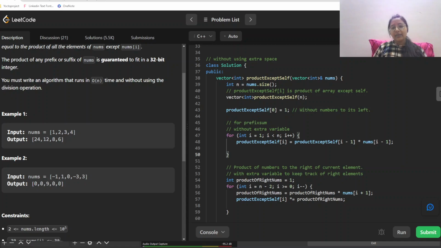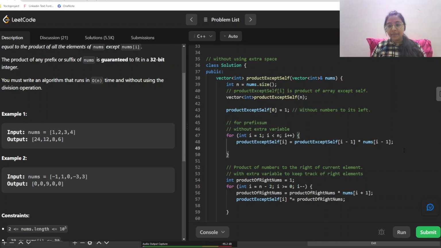We will be starting from i equal to 1, rather than i equal to 0, and going till less than n. Here, product except self of i, that is, at index 1, is equal to whatever was there before that particular i, product except self of i minus 1, multiplied by nums of i minus 1.